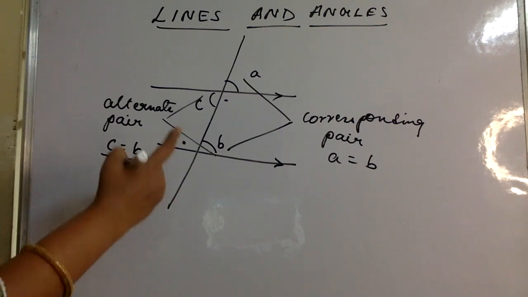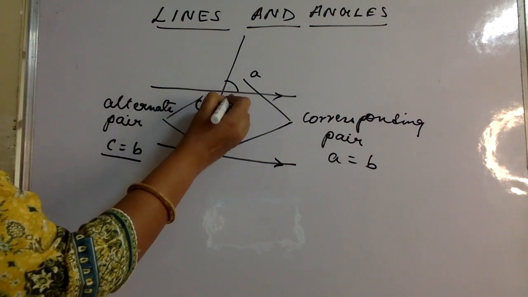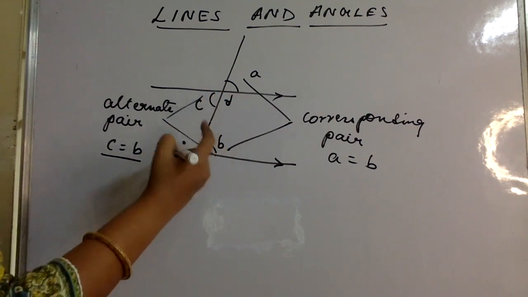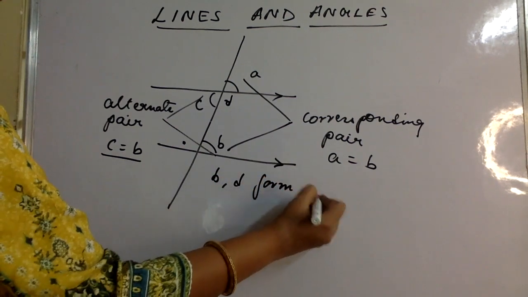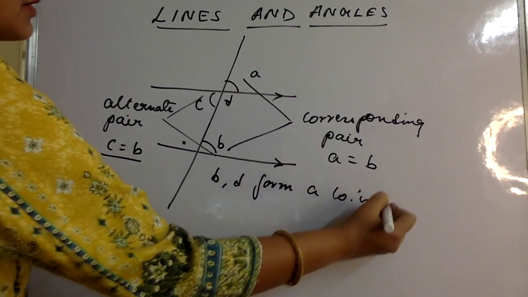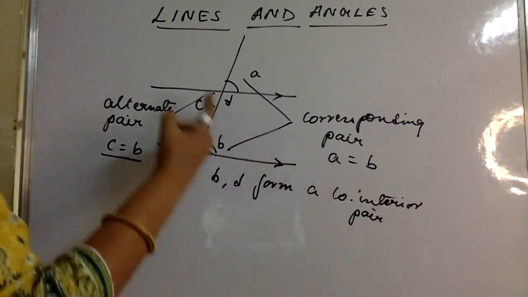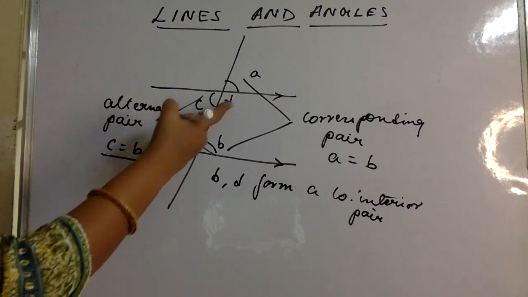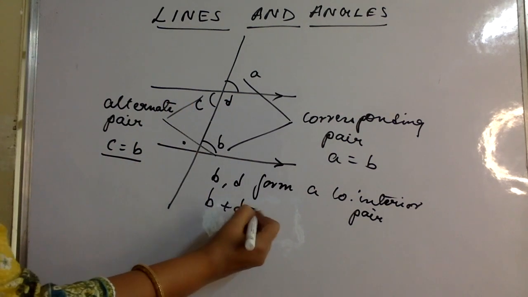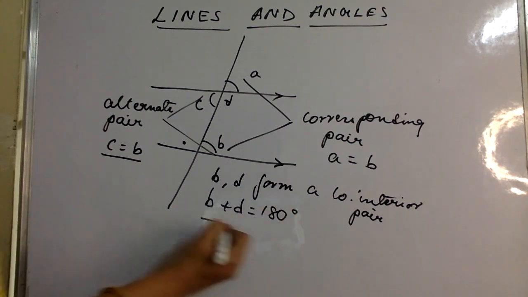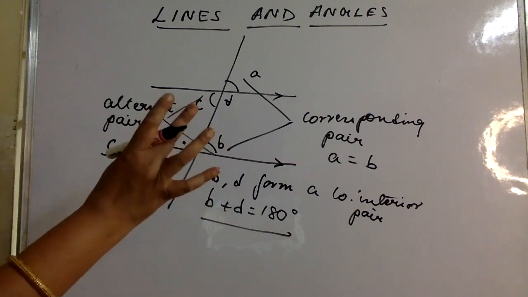Now if we take the third pair, if this is B, let me take this as D. Now B and D form a co-interior pair, but they are not equal. We should not be confused and we should not think they are equal. B plus D is 180 degrees.